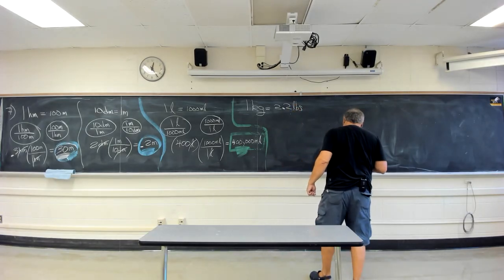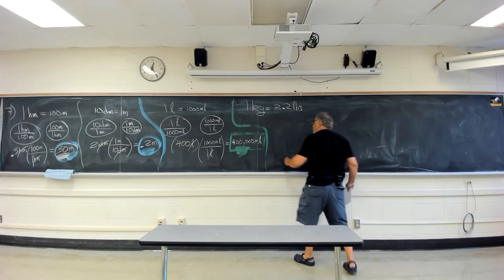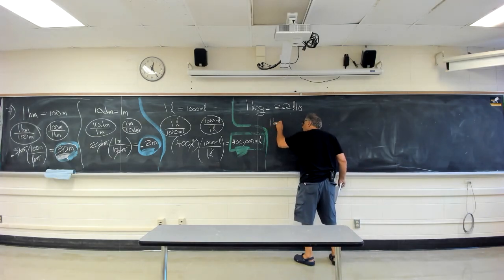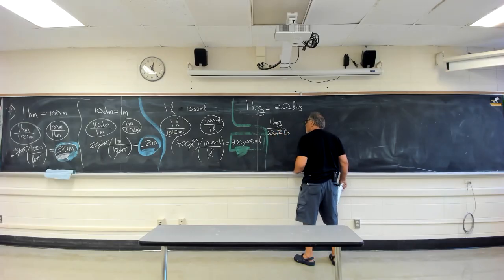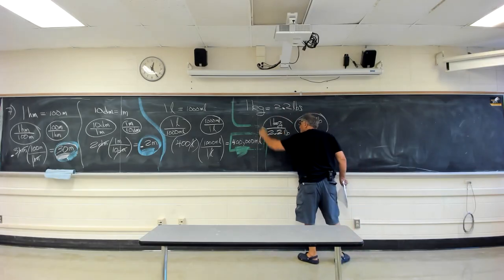They wrote it pounds. I'm using more of the Latin expression for it. Not a big deal either way. The big thing is, here's 1 kilogram, here's 2.2 pounds, or here's 2.2 pounds, and here's 1 kilogram. Same argument, 2 sides of the same coin.